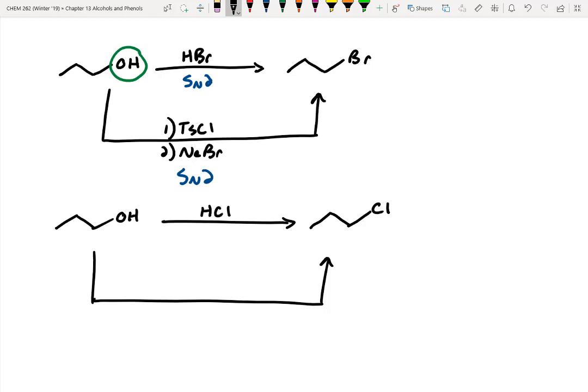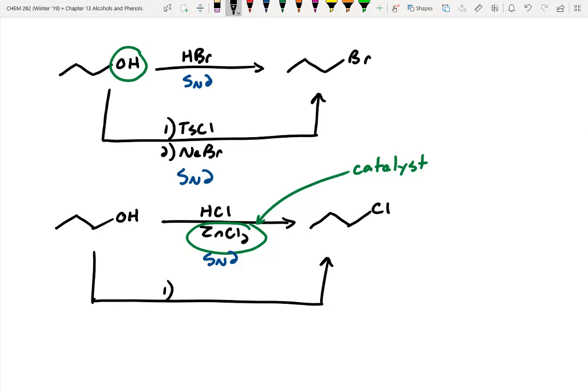However, if you treat it with HCl, you actually need a catalyst to help it work. You need zinc chloride. And I'm going to put a little circle around this and indicate that this is a catalyst. That allows this to do an SN2 reaction a lot more easily. Just using HCl on its own won't accomplish this transformation.